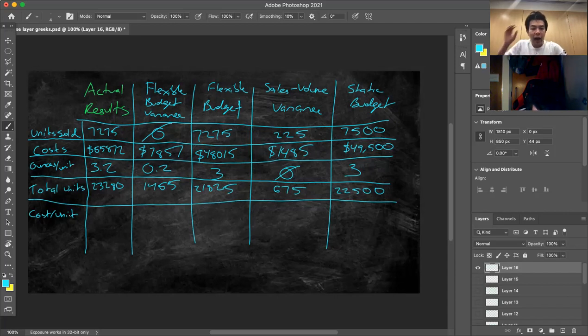So in cost per unit, how do you think we're going to find cost per unit? Would you take the costs and multiply it by the ounces per unit? Or divide, sorry, by the total units. Yeah. The cost divided by the total units. So that's going to be $2.4.